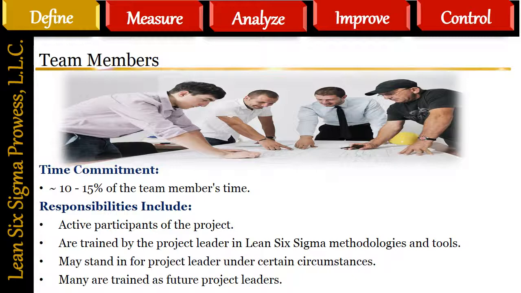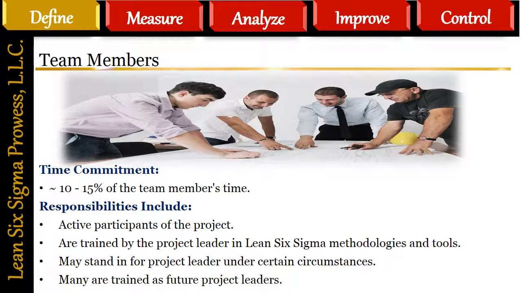Responsibilities include: team members are active participants of the project. They provide assistance in data collection, brainstorming, decision-making, etc. Are trained by the project leader in Lean Six Sigma methodologies and tools. May stand in for project leader under certain circumstances. Many are trained as future project leaders.